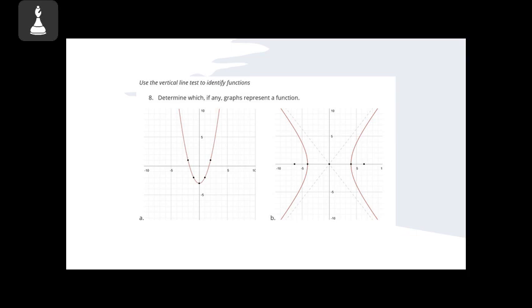If at any point when you draw a vertical line, even if it's only one time, you hit the graph more than once, you do not have a function. Okay, so if a vertical line hits more than once, we do not have a function.